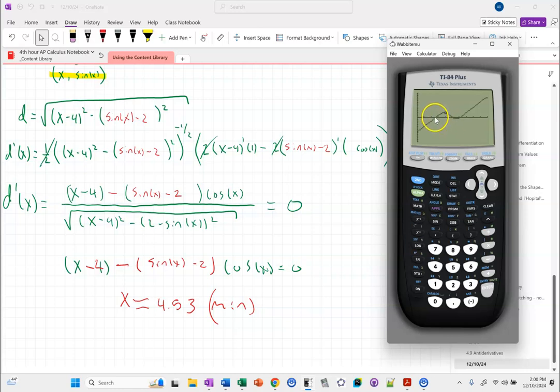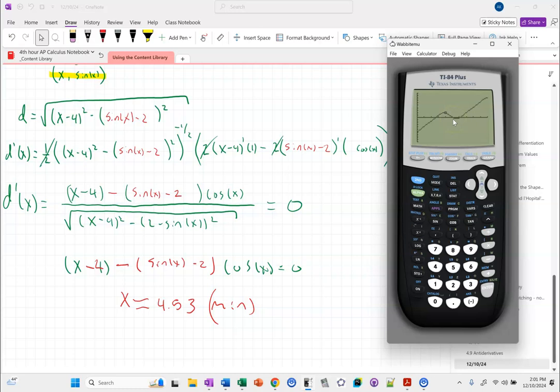All right, so this is the graph of the derivative, right? So I see zeros here, here, and here, correct? The only two I have to check are this one and this one, correct? Because this one can't be a minimum, because it's going from increasing to decreasing.